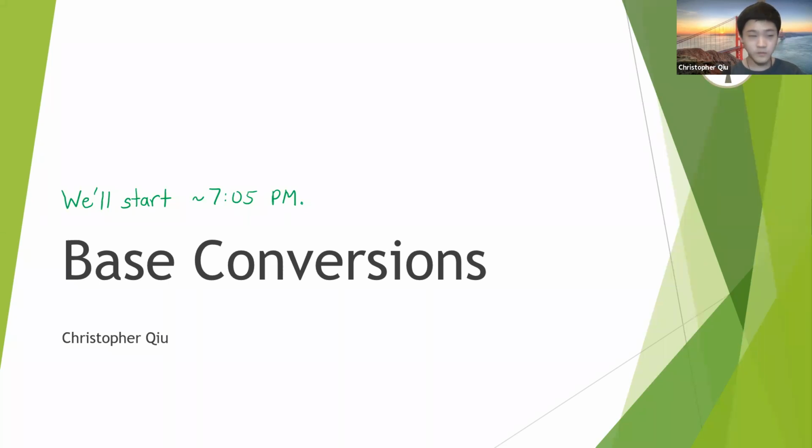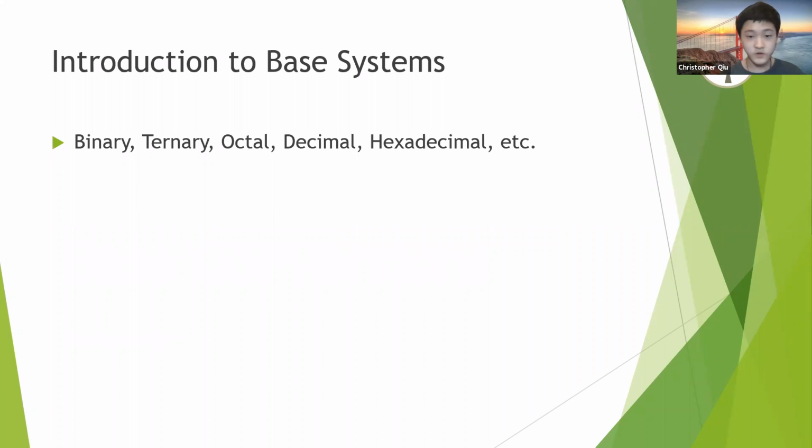So first of all, many of you probably have heard of terms like binary, ternary, octal, decimal, hexadecimal, and so on and so forth. We'll first look at the term decimal. A decimal number system is the number system that we typically use.